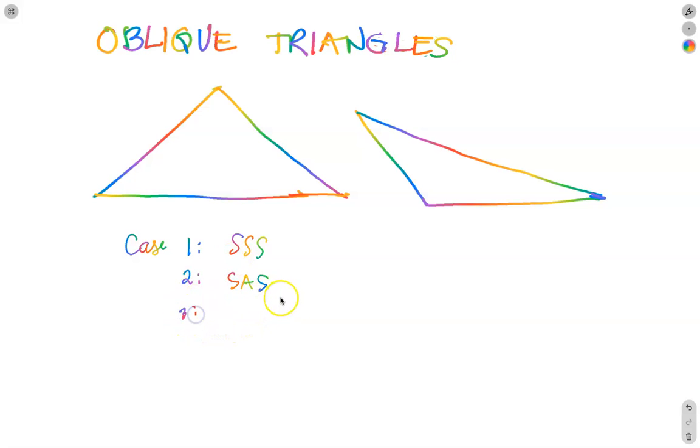Case 3, 2 angles are given and 1 side. There are different cases as well, as long as 2 angles are given and 1 side. In case 4, we have 1 angle given and 2 sides.